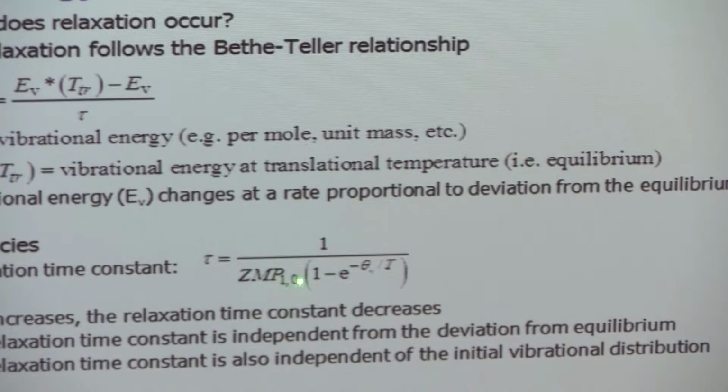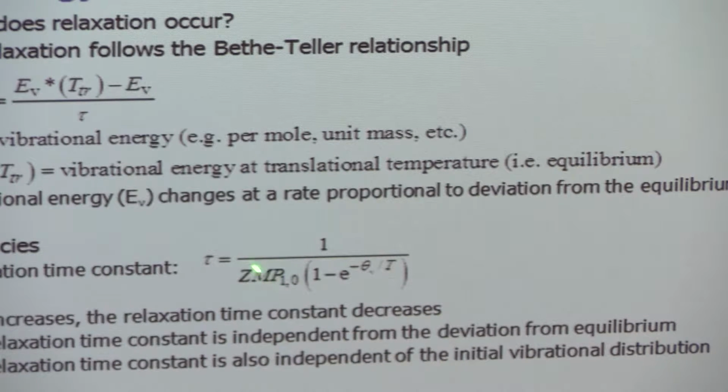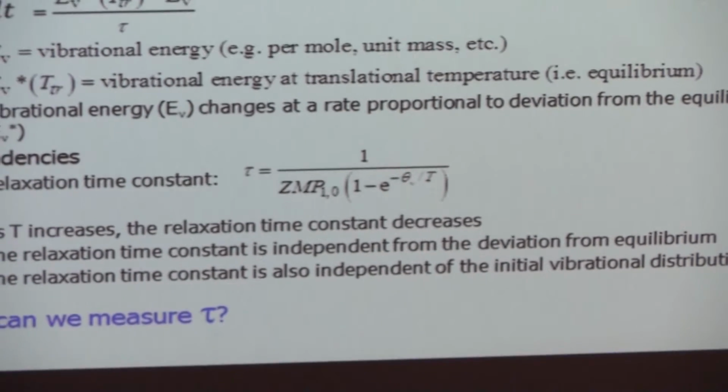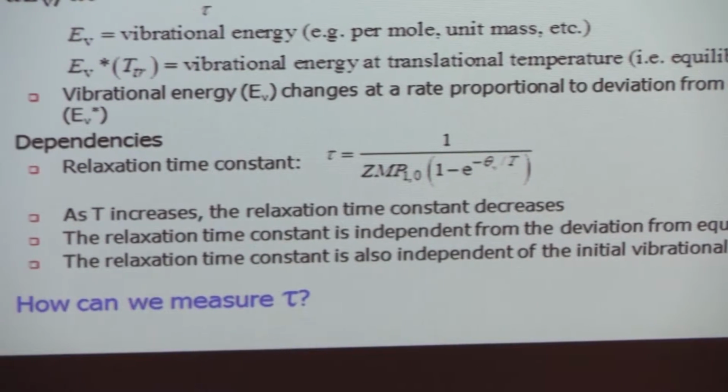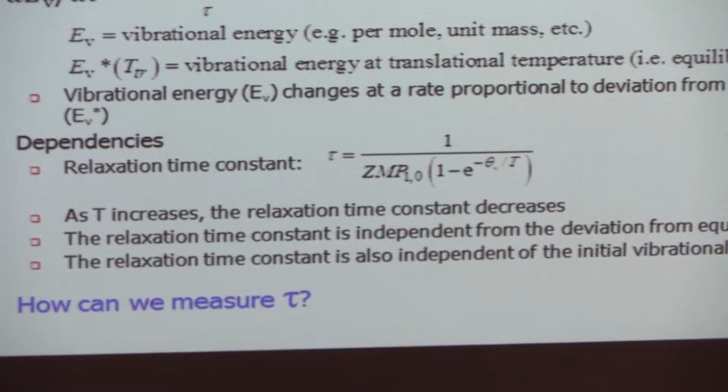So that's the fundamental quantity right there. That's the rate coefficient. Per unit density, there's the density. And I won't say how this equation was derived, but it was based upon a simple harmonic oscillator model. So the question is, how can we measure tau? How can we measure tau? That's the fundamental quantity we'd like to have.